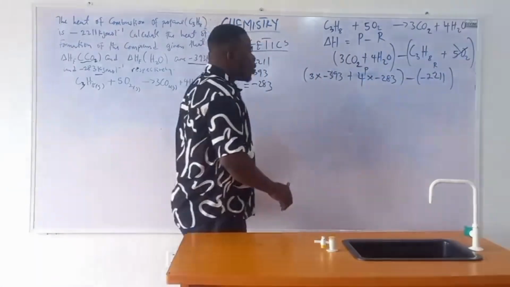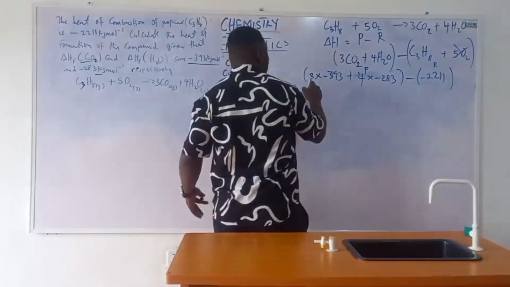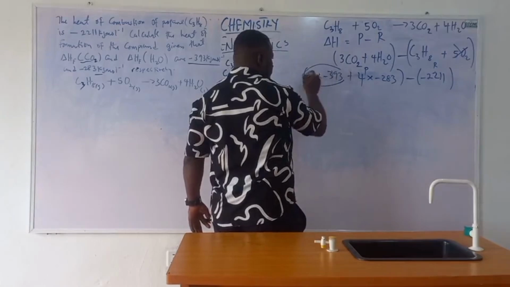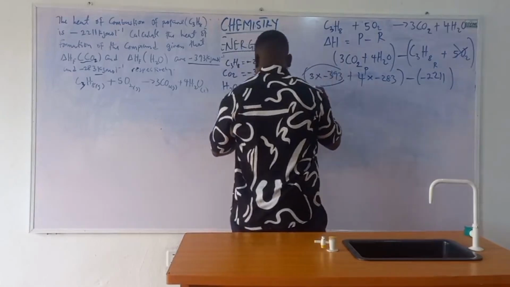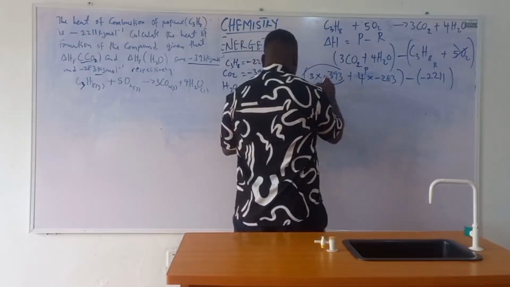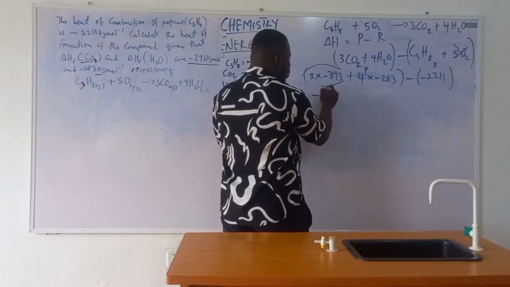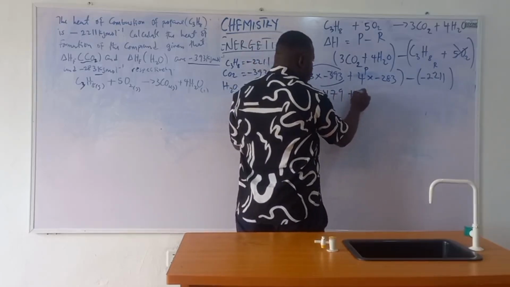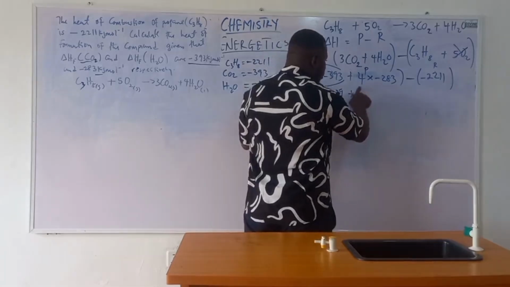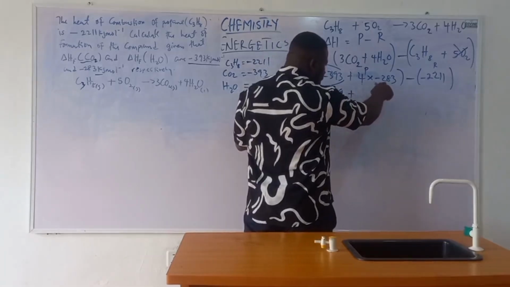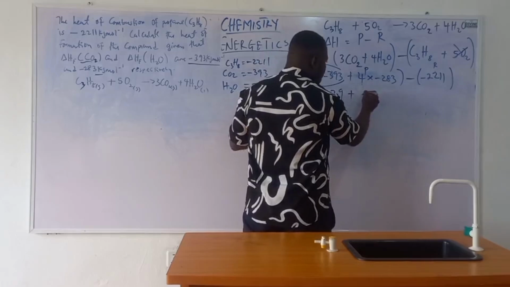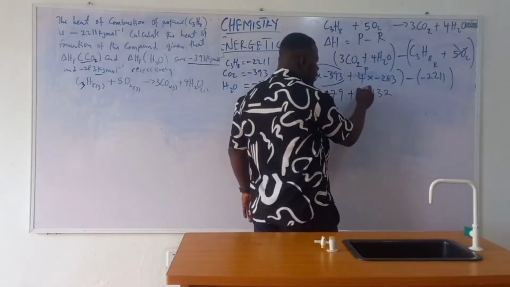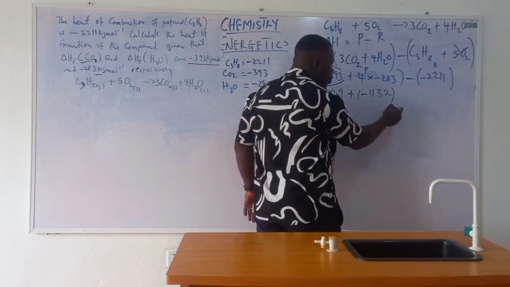Right? Now, the next thing we'll do is multiply. If we do that, we have minus 1179, plus 4 times minus 283, we have minus 1132. Let's just put this in brackets so that I don't get confused.